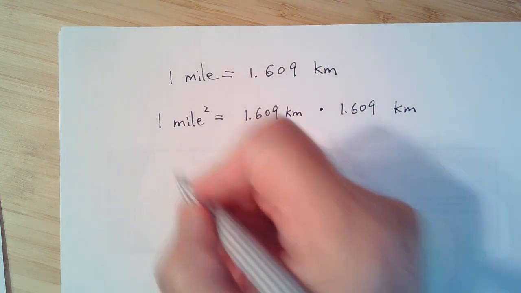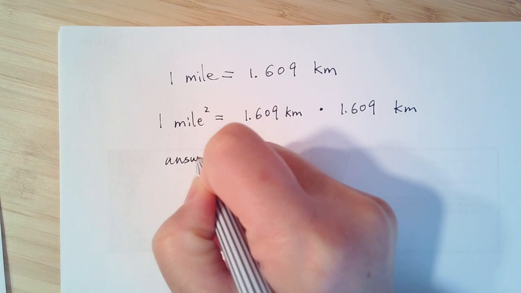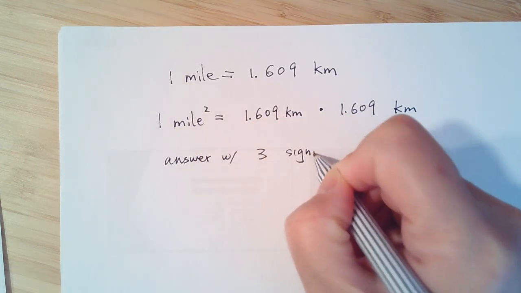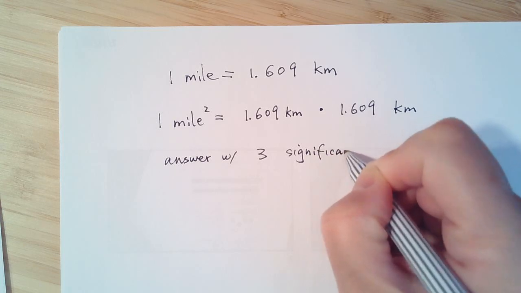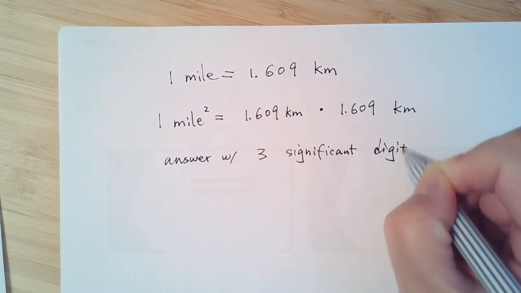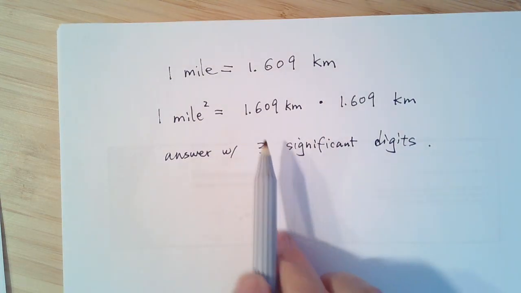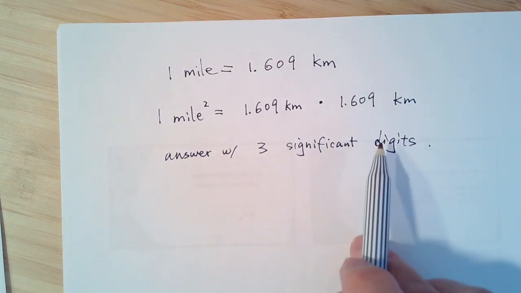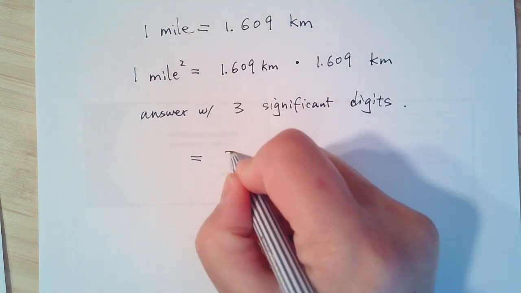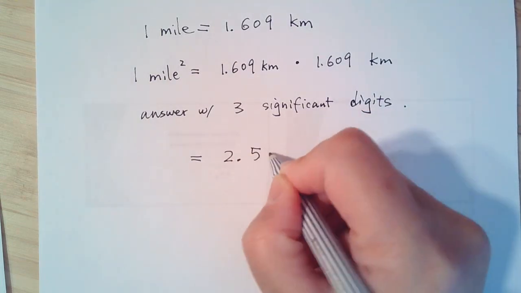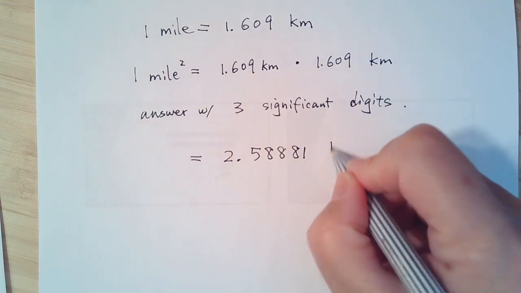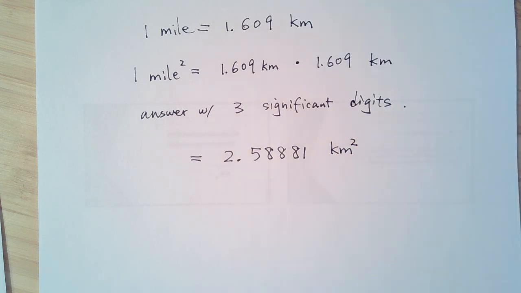I need the answer with 3 significant digits. How would you do that? So 1.609 times 1.609. If you use a calculator, you're going to see the number 2.5881 square kilometers.